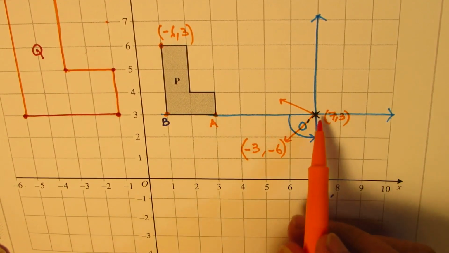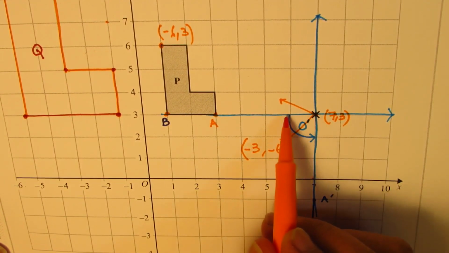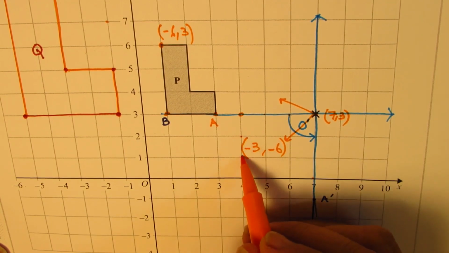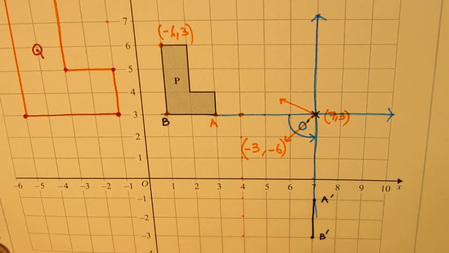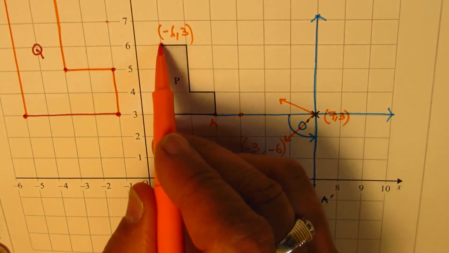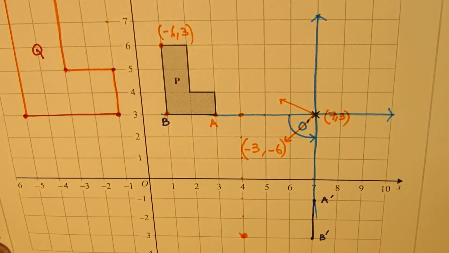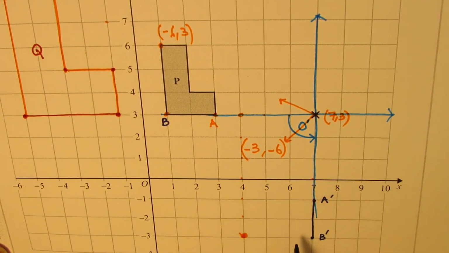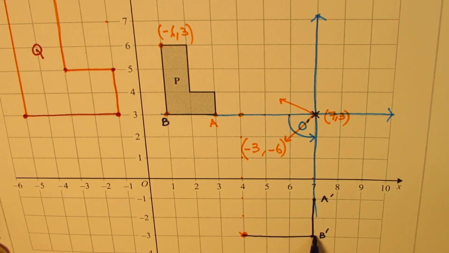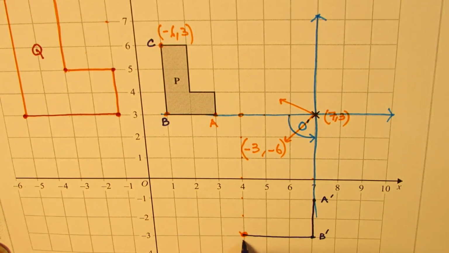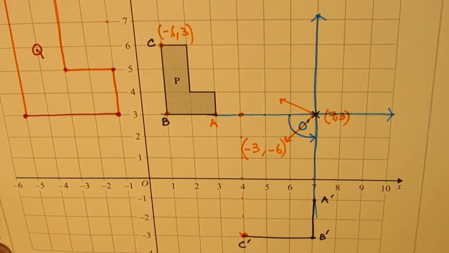So that really means that from here I go 3 units left, 1, 2, 3, and then 6 units down, 1, 2, 3, 4, 5, 6. I reach this place, correct? So that becomes my position of this point. Does that make sense to you, correct? So I'd like you to really look into how I got this point, right? So we get this edge, which I'll call BC, and let me call this C dash.